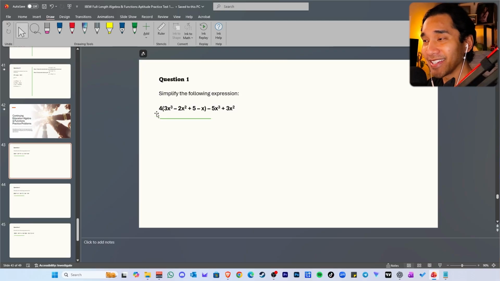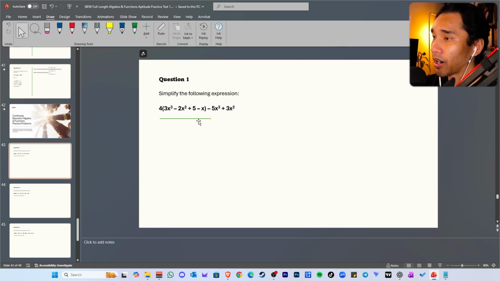We have a parentheses. So we look at what is inside the parentheses. Is there anything that we could do there? That's where I should attack the problem. What's inside the parentheses? I see 3x cubed minus 2x squared plus 5 minus x. There are no terms that could be added, subtracted, or resolved in any way.